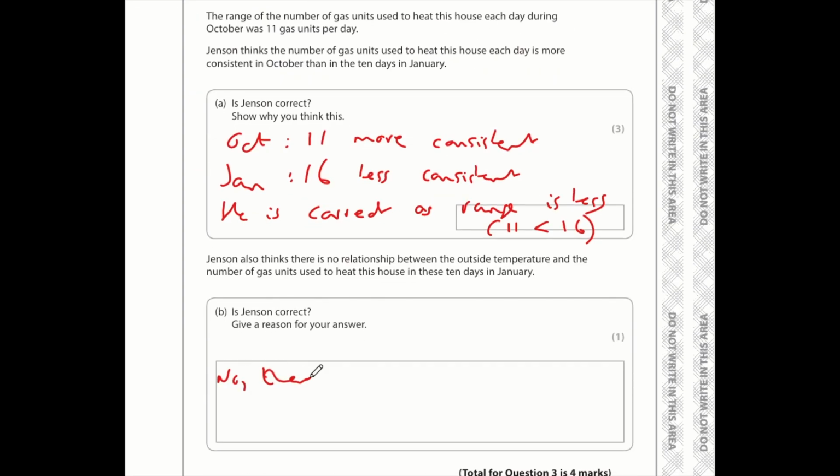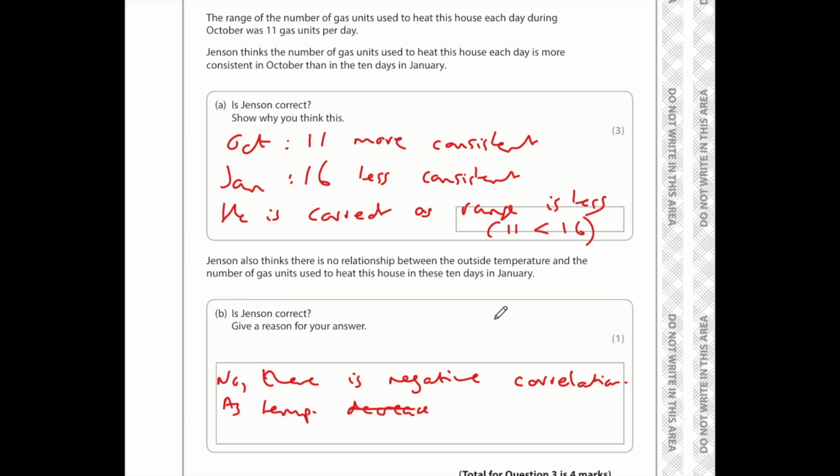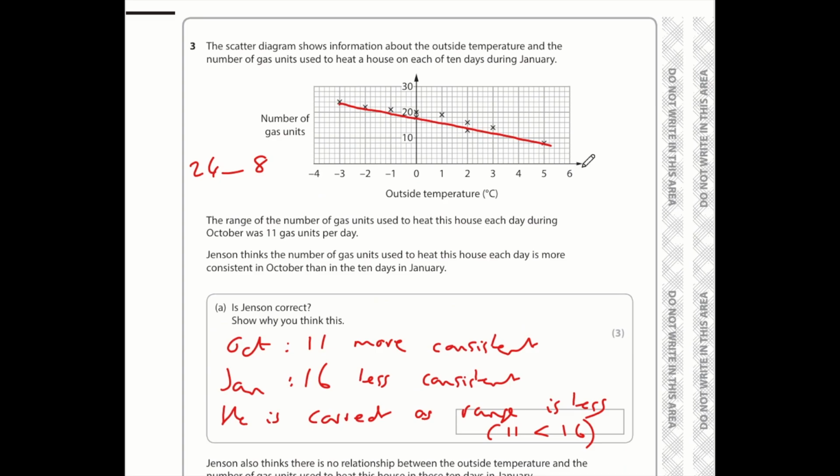We can say there is negative correlation because that line is going down. As the temperature increases, because the temperature is along the bottom, the temperature is increasing and the number of gas units sold is decreasing.